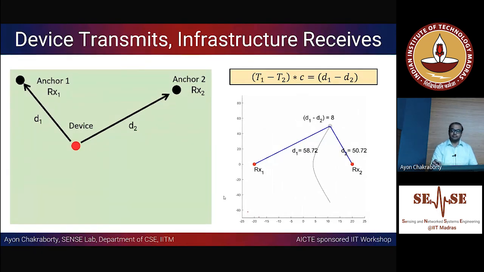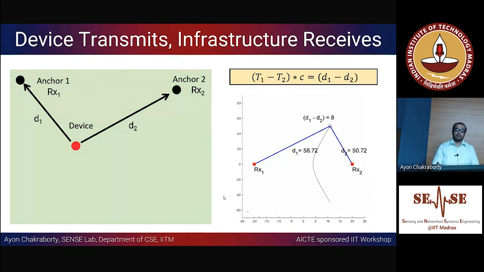Okay, is it clear? Analytically, it's the difference of Euclidean distances. You inherently have something of the form ax square minus by square, which leads to a hyperbola.